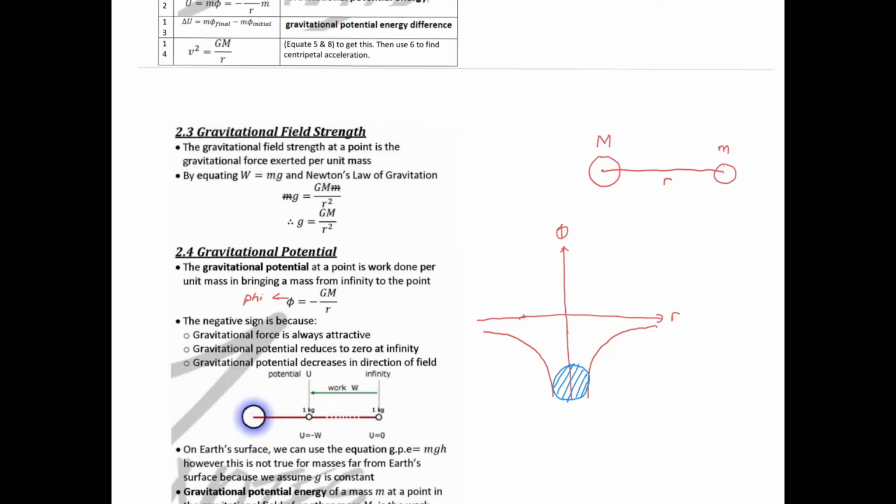Now let's come back to this graph and understand it. Let's say this blue object has mass m.